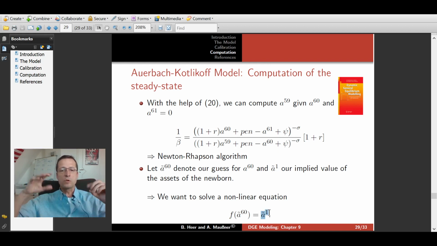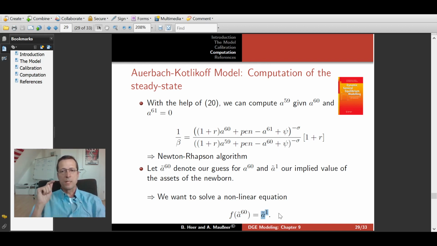So we want to solve a nonlinear equation in just one variable, the wealth level at age 60, A60, so that the implied value of the initial capital stock in the lifetime, the initial level of wealth A1, is equal to 0.